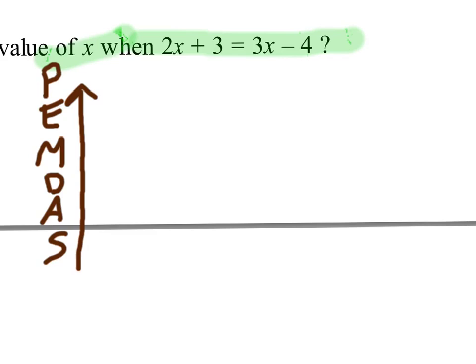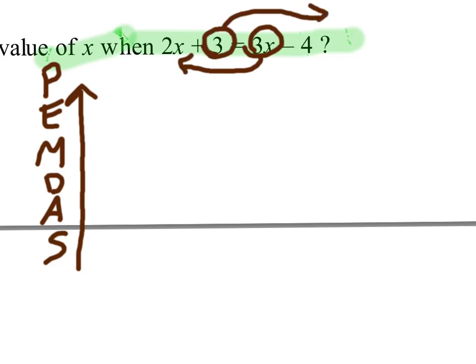We need to put all of the x's over there and all of the non-x values over there. First goal. I'm going to draw a little dotted line right down the middle to help differentiate the two sides.